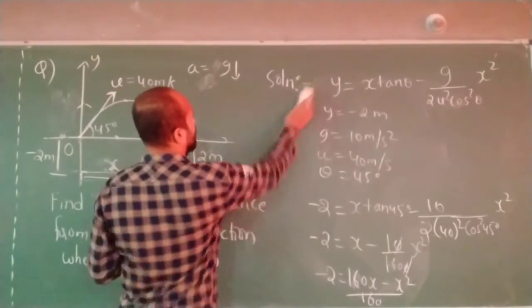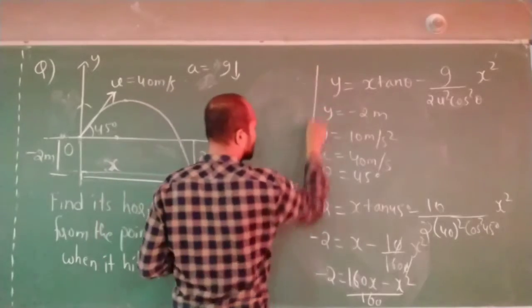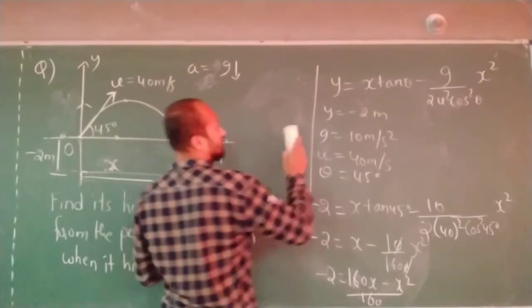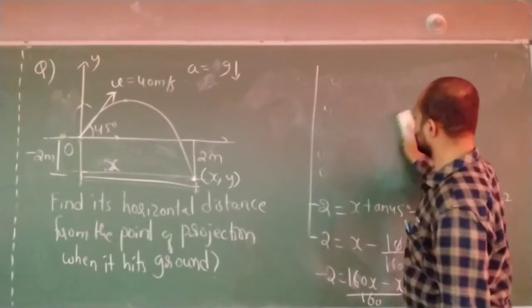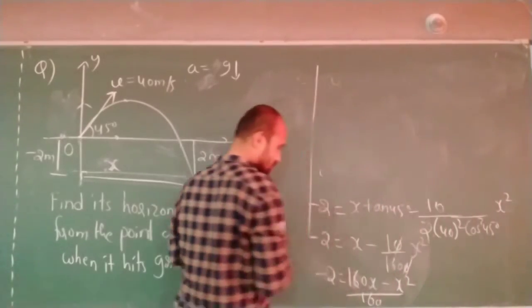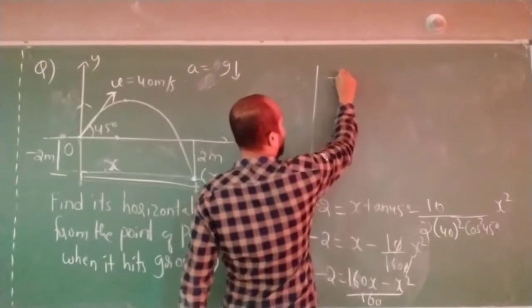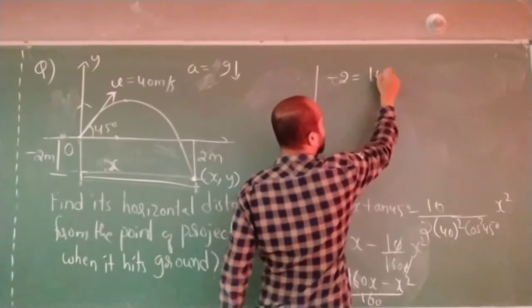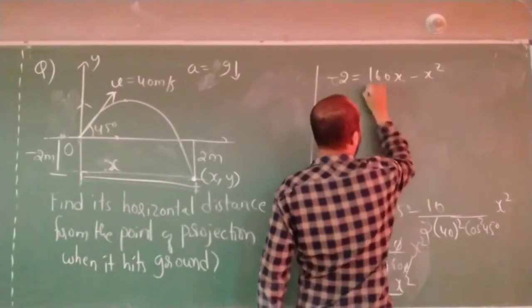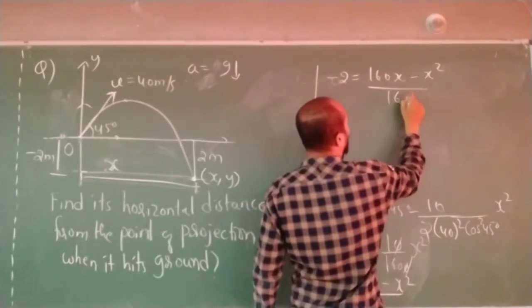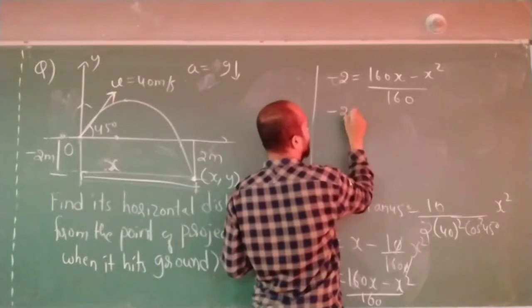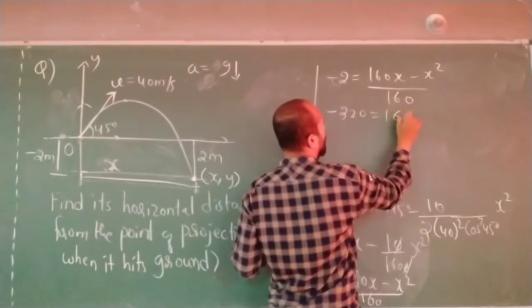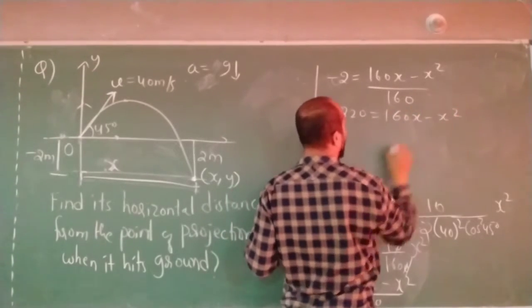Let me write here. I'm going to rub this. This is minus 2 is equal to 160x minus x square divided by 160. So this will become minus 320 will be equal to 160x minus x square.